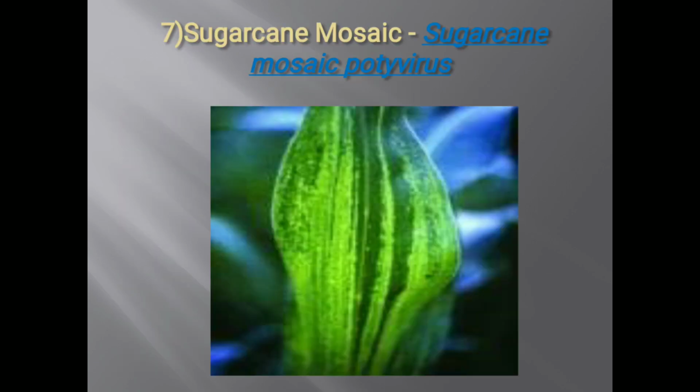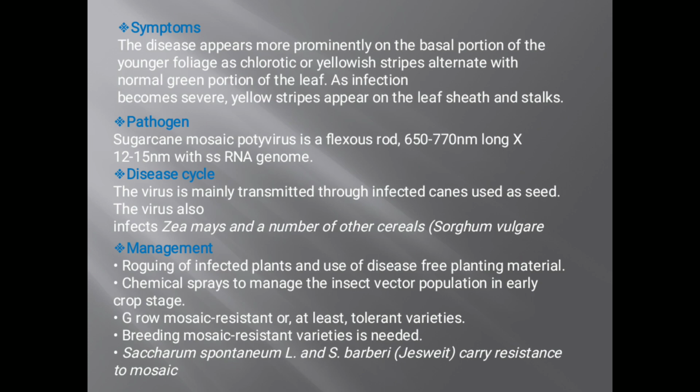Seventh disease, that is sugarcane mosaic, caused by the sugarcane mosaic potyvirus. Symptoms: the disease appears more prominently on the basal portion of the younger foliage as chlorotic, yellow stripes alternating with a normal green portion of the leaf. As the infection becomes severe, the yellow stripes appear on the leaf sheath and stalk.